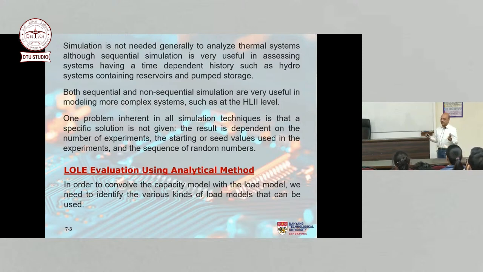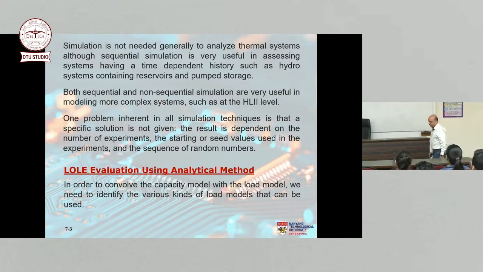Some of them, simpler ones, maybe 10,000 times, but the larger the number, the greater the accuracy in the end result. It is also dependent upon the starting value or the seed value that you use in the simulation and the sequence of random numbers generated. So the random number generator also becomes important, right?